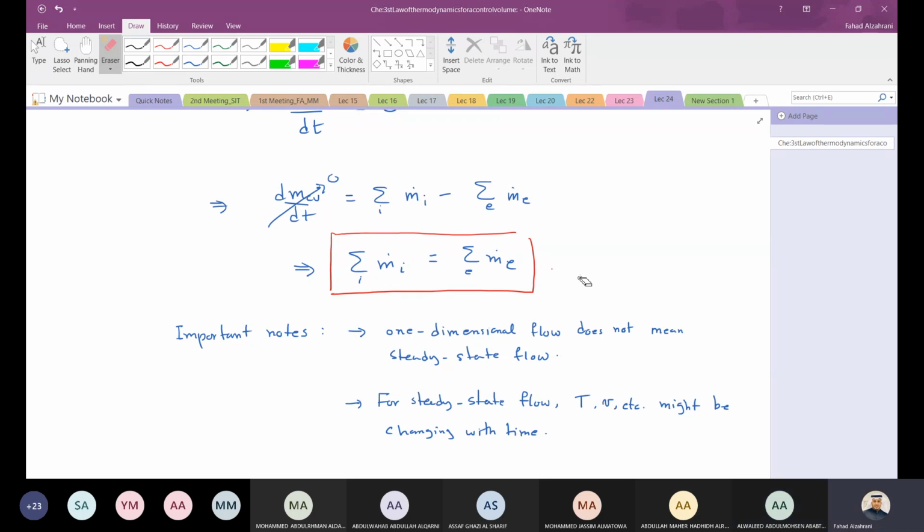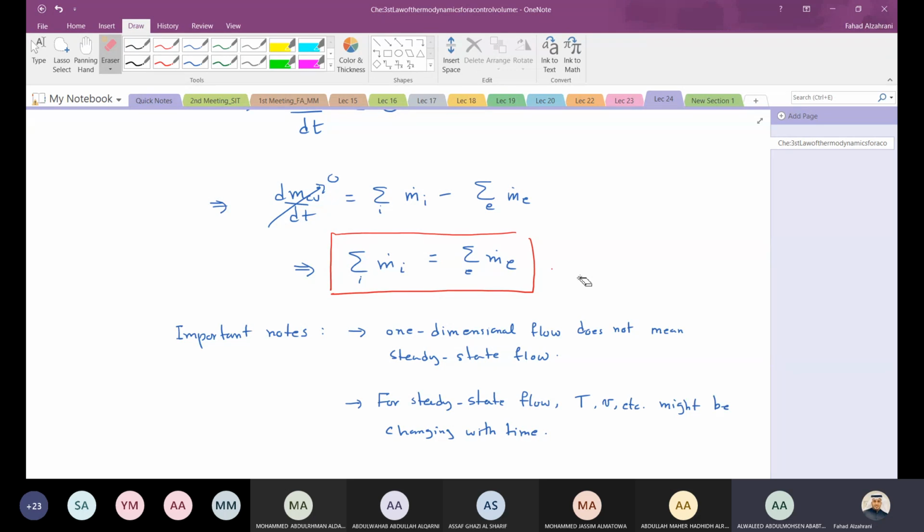It's a flow perpendicular to the cross sectional area. يعني there is no other direction. This is the one part of it. The other part, velocity and density are equal.